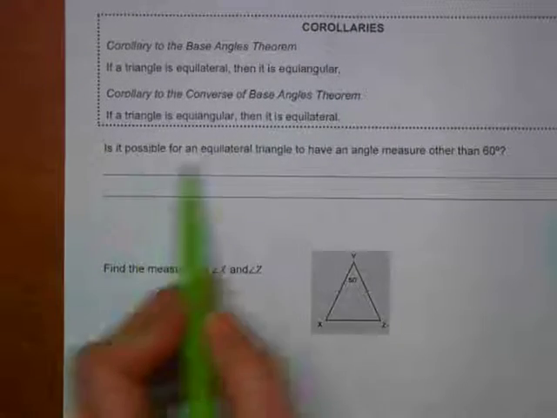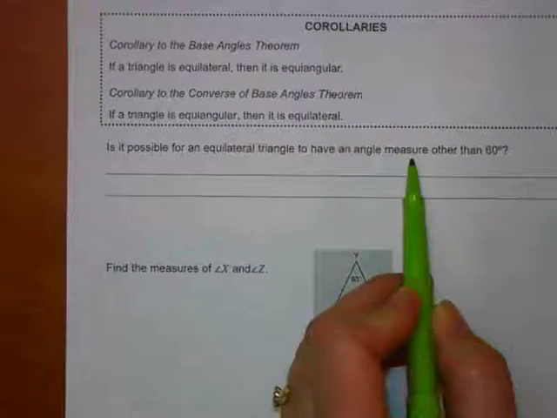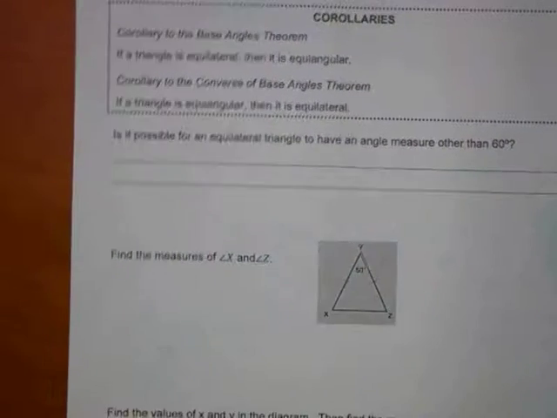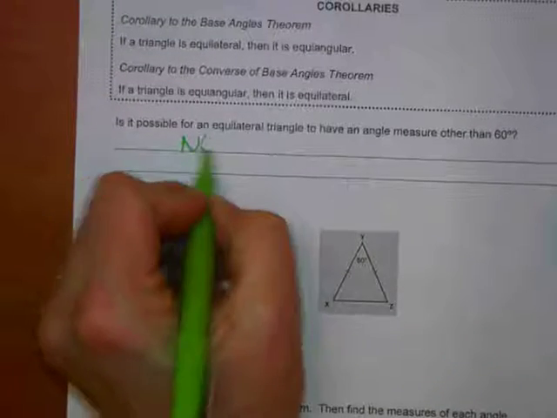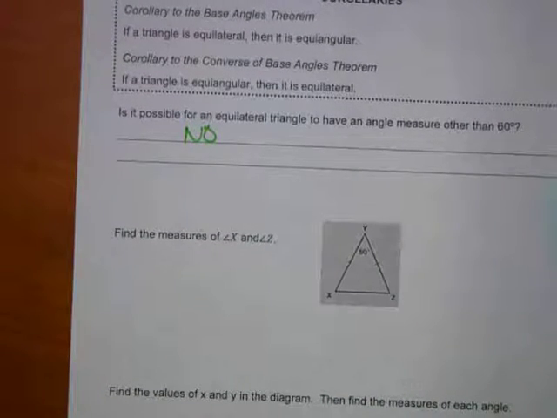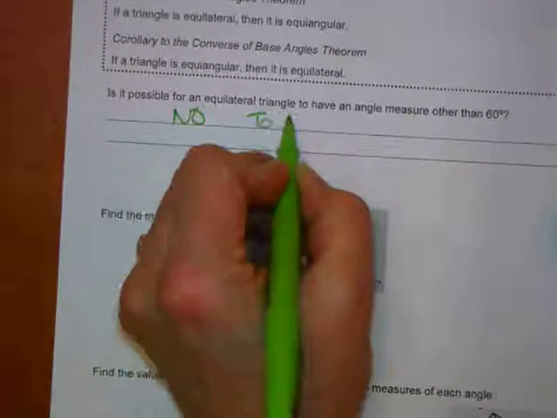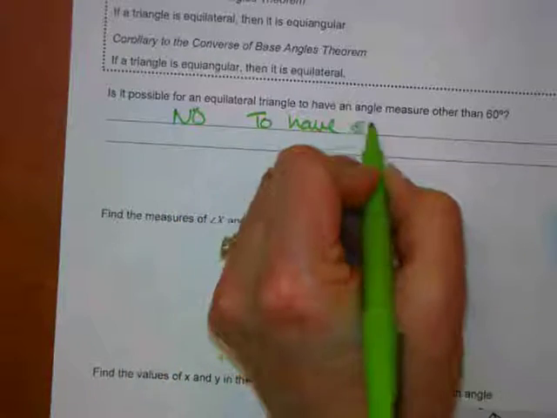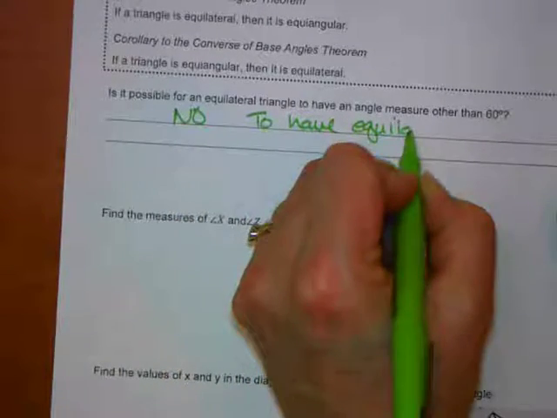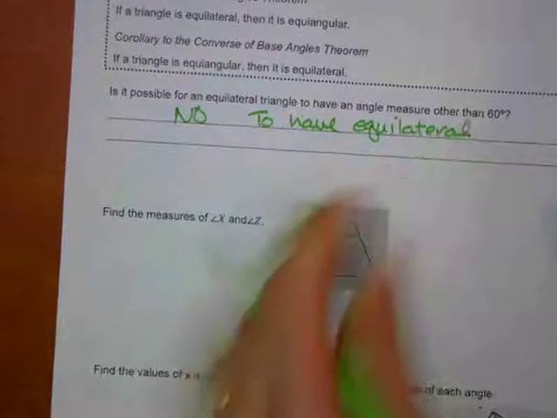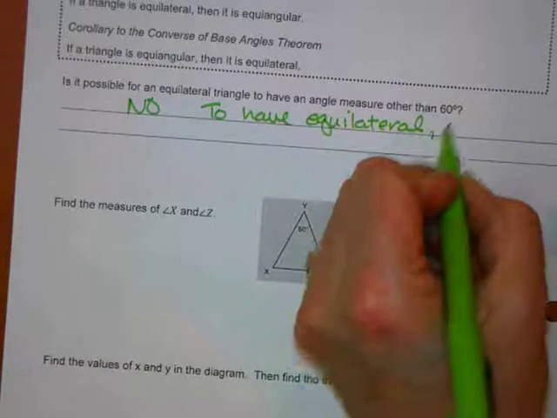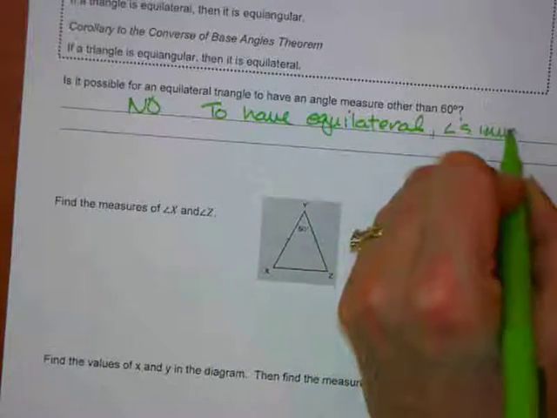All right, is it possible for an equilateral triangle to have an angle measure other than 60 degrees? No. I know it's easy to answer that with just a no, but we should explain. No, because to have equilateral, the angles must be congruent.